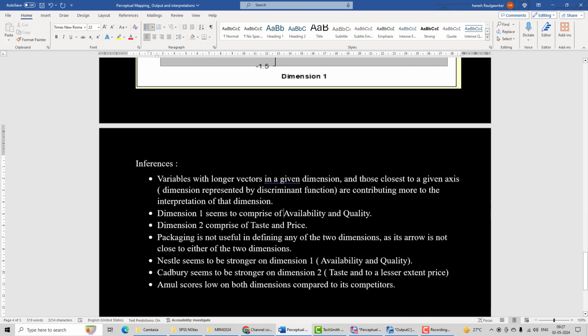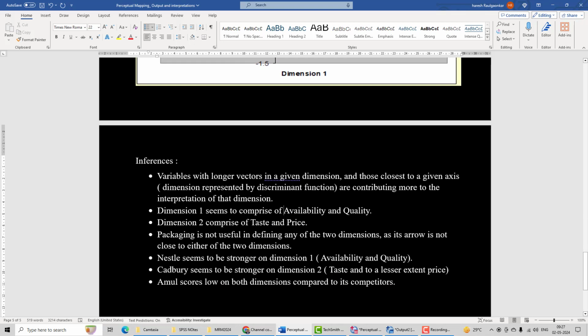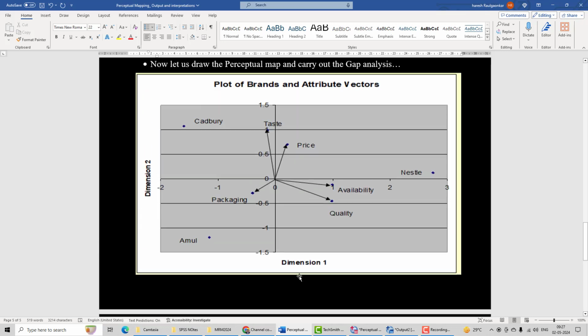Now based on this, Nestle seems to be stronger on dimension 1, Cadbury seems to be stronger on dimension 2, that is taste and to a lesser extent price, and Amul scores low on both the axes.